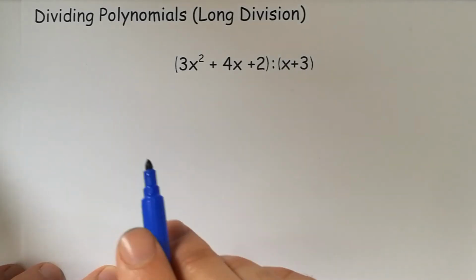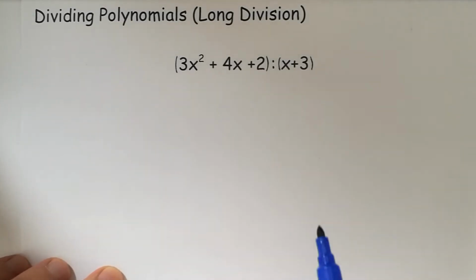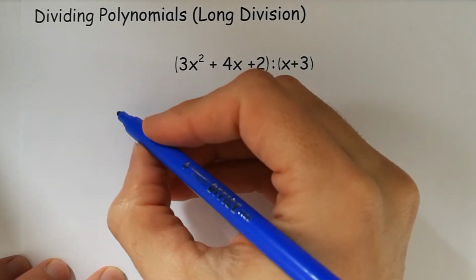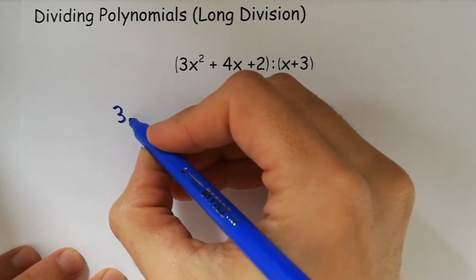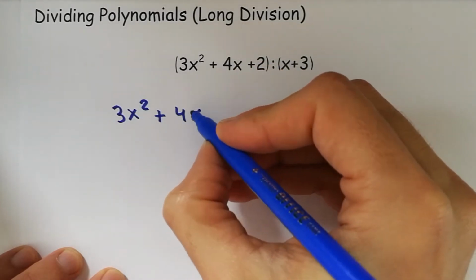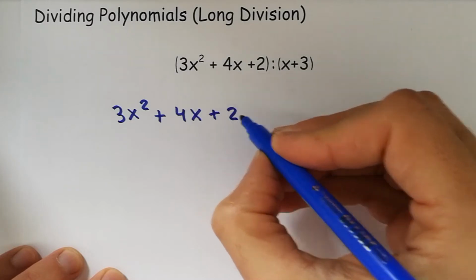We're going to divide these polynomials using the long division method, that is, we write them as if they were numbers that we're going to divide.